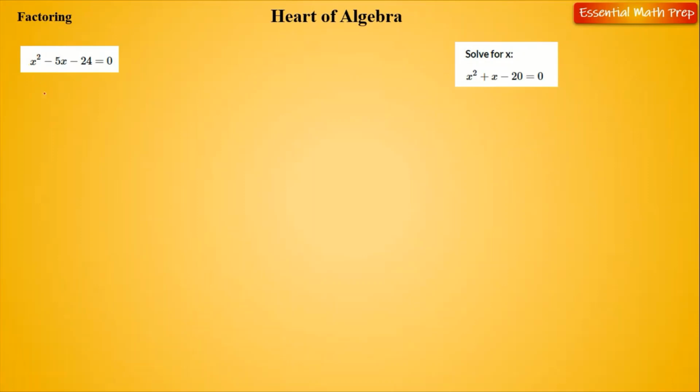So here, as always, x squared minus 5x minus 24 equals 0 is the given equation. We multiply these two terms, so we end up with negative 24x squared, right? So we want to multiply or add two terms.